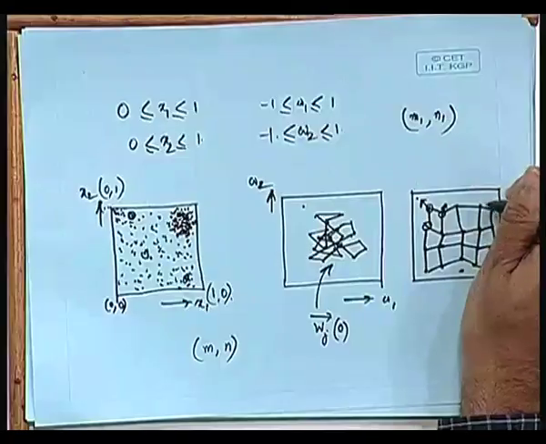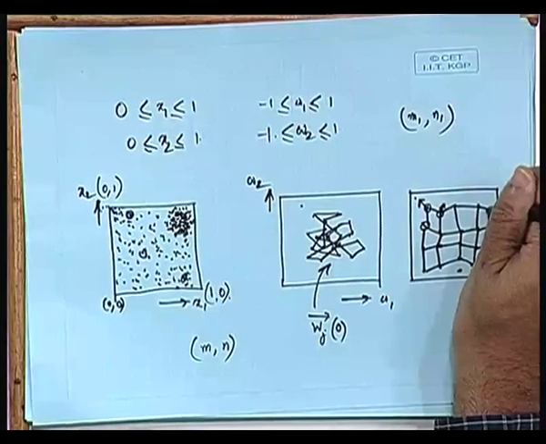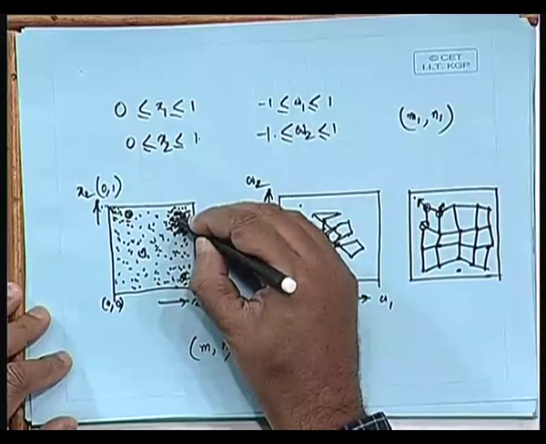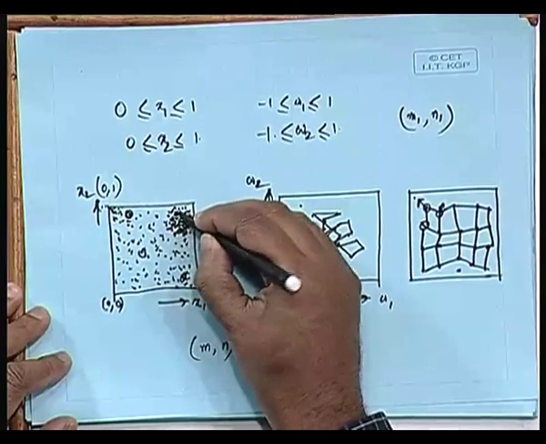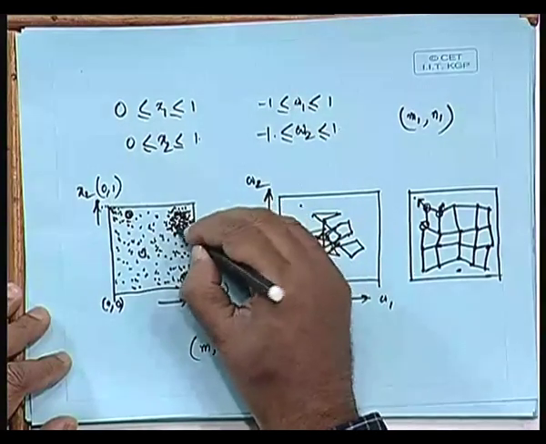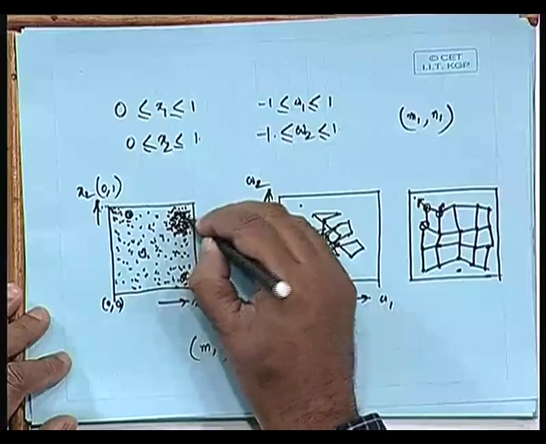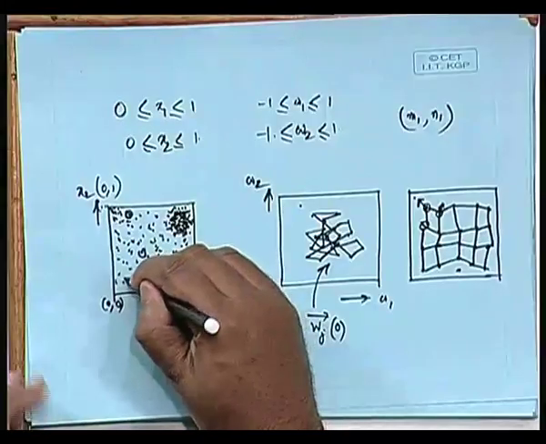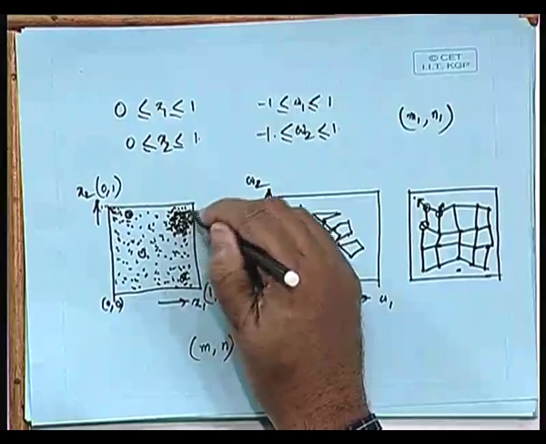That means that even for the neurons, when we find out the topological arrangement, the ultimate neuron positions will have more resolution in this area as compared to the neurons located in the sparse region. Perhaps in this region only one neuron will be sufficient to resolve, whereas here maybe 4 neurons will be required.